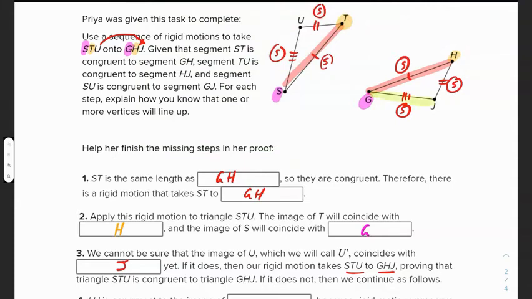All right. Oops, that's not it. HJ. There we go. So hopefully you realize that HJ needs to go to TU. It's even in the name. Here's HJ. Here's TU. Okay. So TU. There we go.